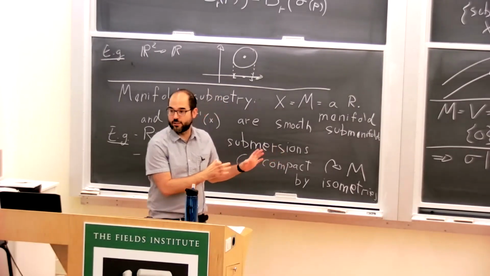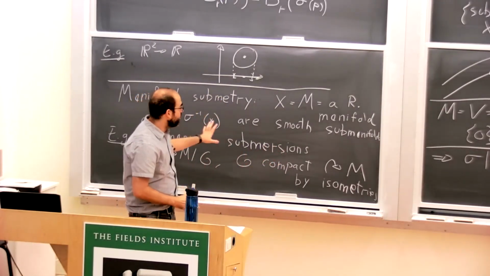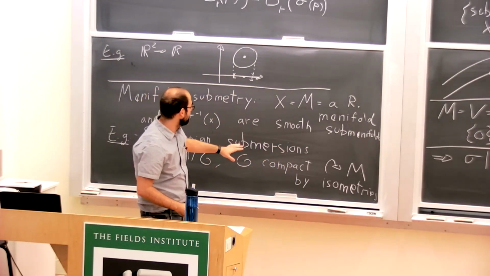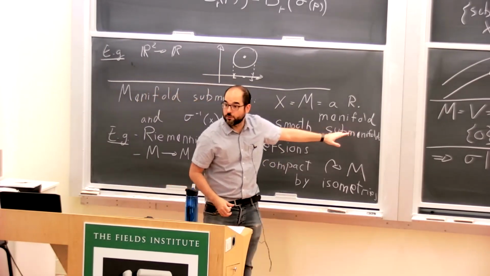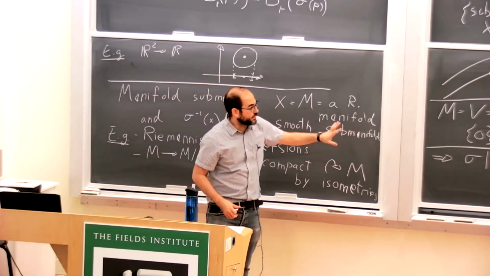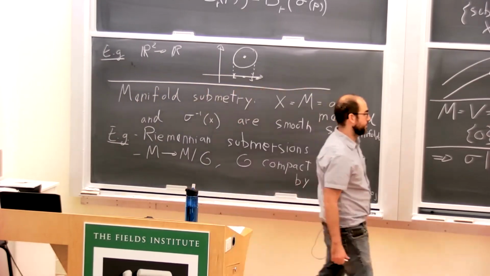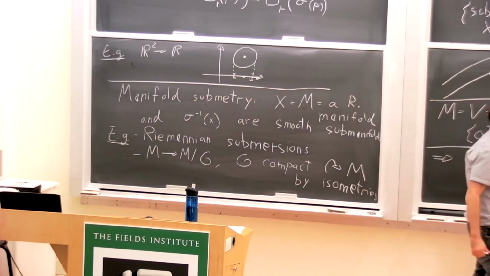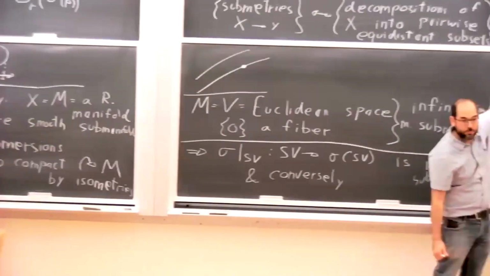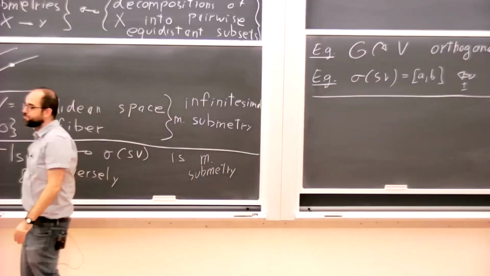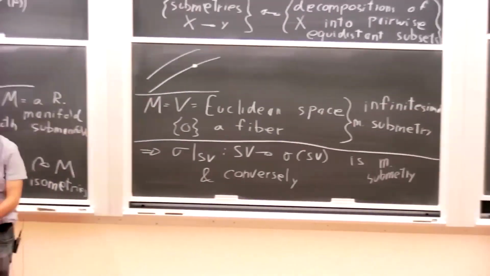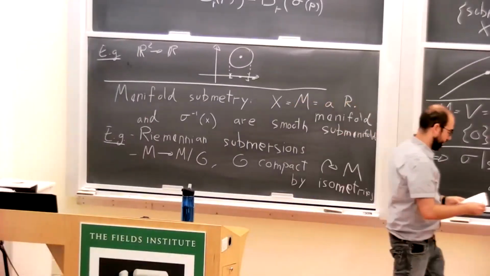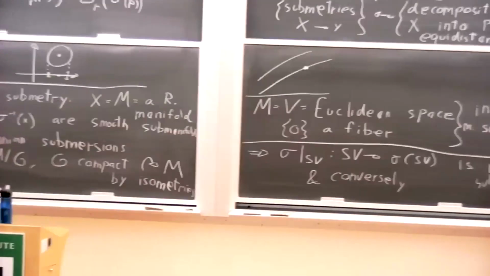So far the definition is completely geometric, just in terms of metric spaces and submanifolds. But in fact, these are algebraic objects, which maybe is not so surprising if you look at these examples. These are very algebraic things. And so this is called the algebraicity theorem. So let me talk about that now.